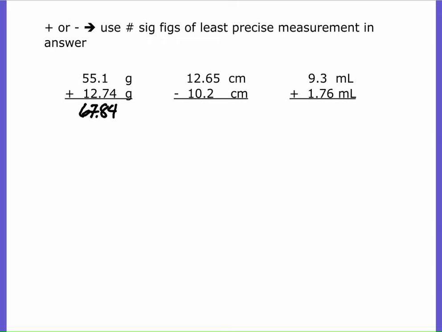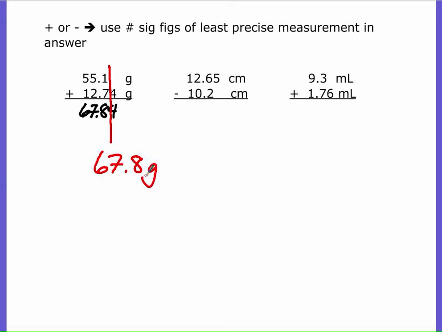We talked about before how that first number, 55.1, would be less precise because it didn't give me as much information. It only goes to the 10th place instead of to the 100th place. So I need to round to that place, to that 10th place, because that's my least precise measurement. So once I round this answer, I'm going to end up with 67.8 grams.